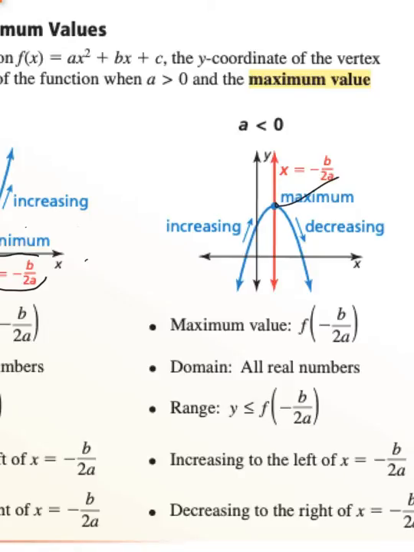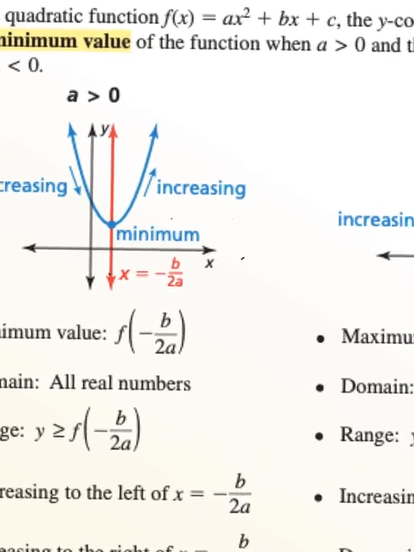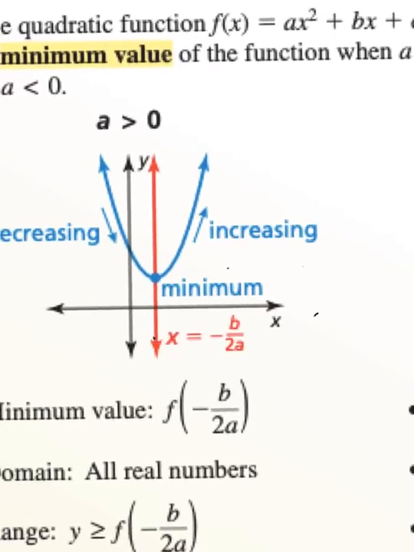Say for instance we are able to figure out that the minimum on this parabola is 2, 3, arbitrarily. If this is 2, 3, then the axis of symmetry is x equals 2.